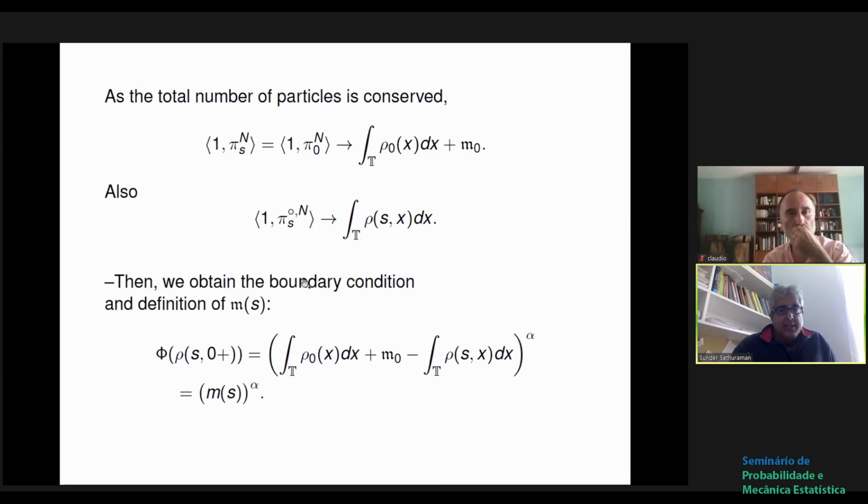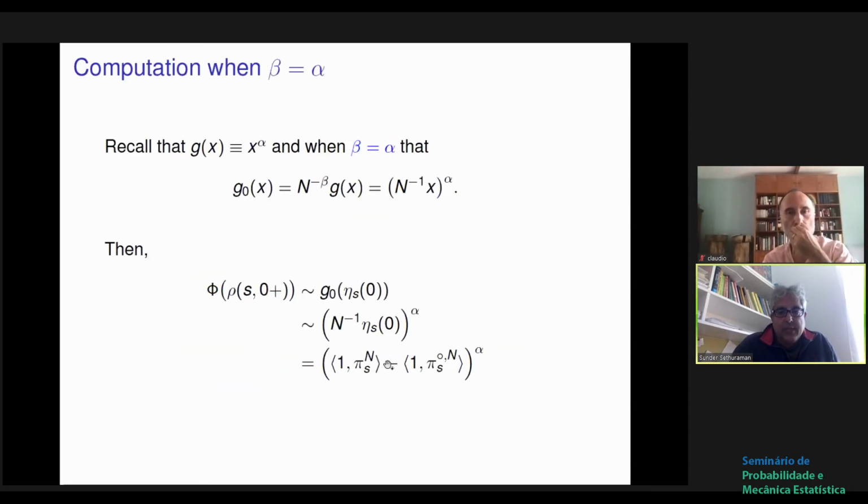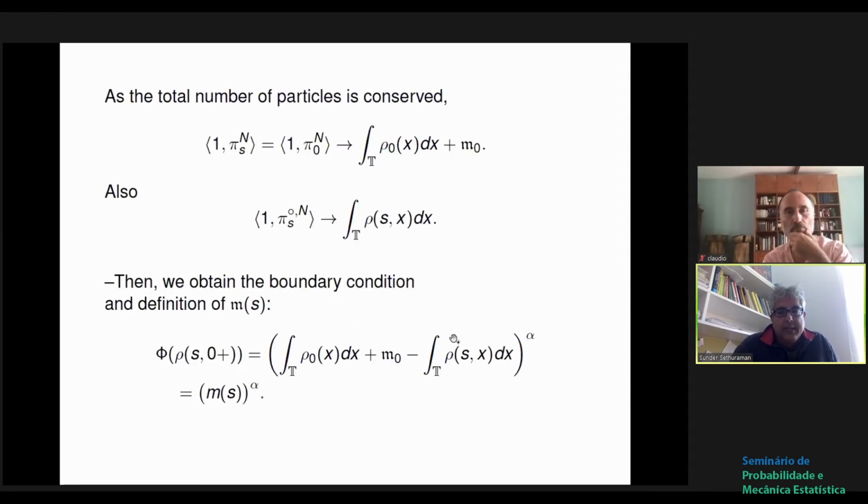Finally, this quantity here that we had in the previous slide should be the size of the atom at 0, at time s. So the size of the atom will be determined by the hydrodynamic solution on the bulk. That's what we get when beta is equal to alpha.